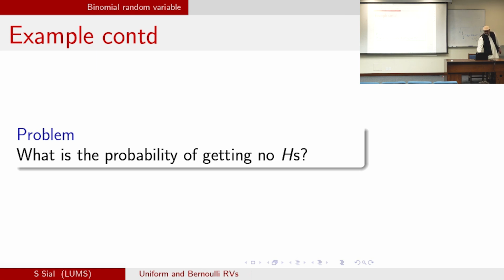What's the probability of getting no H's? You're going to toss a coin 7 times. The coin tosses are independent of each other, so you can multiply probabilities, right? So what are you going to get?